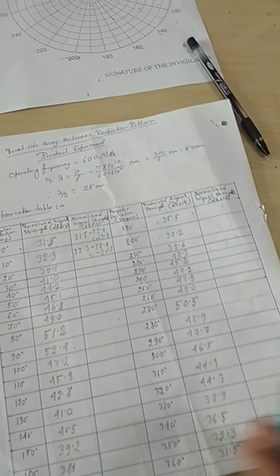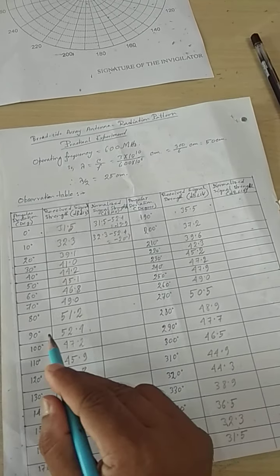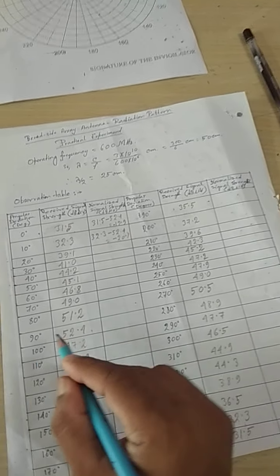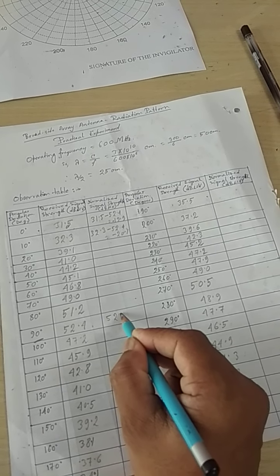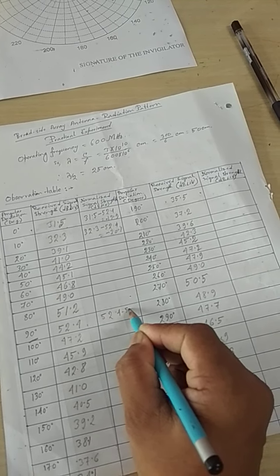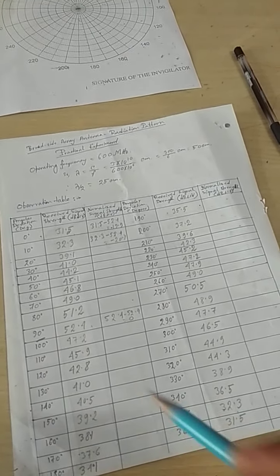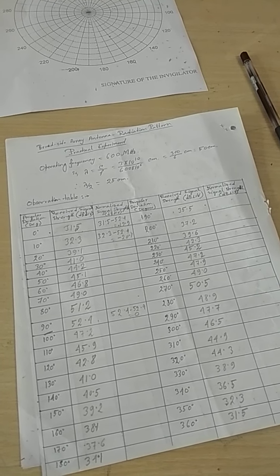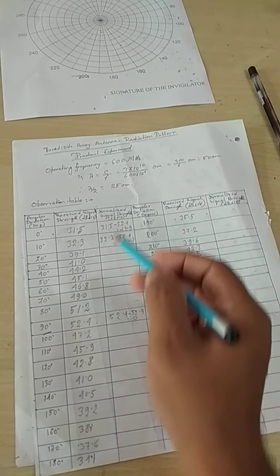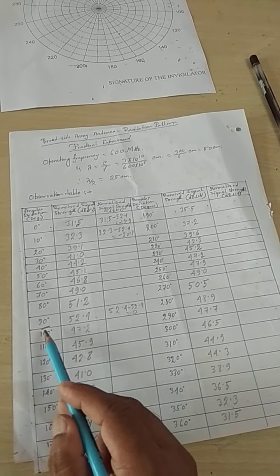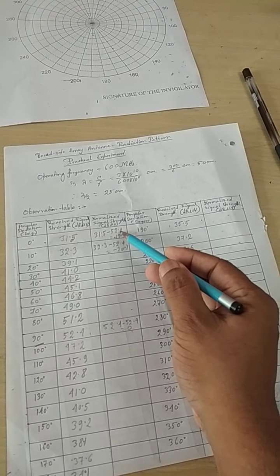So these values will be plotted in the graph paper, and as you see, at 90 degree angle, what do you get? 52.4 minus 52.4 equals 0. For the other antennas, 0 degree will be maximum, but here for the broadside array we will get the maximum value at 90 degree, right? And 0 degree will be minimum.